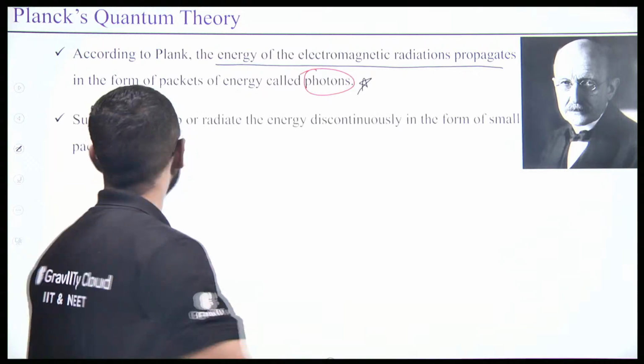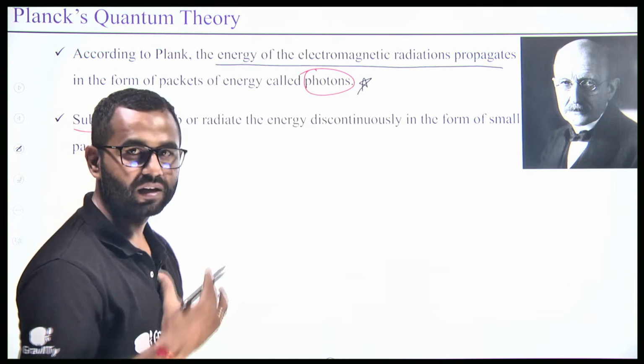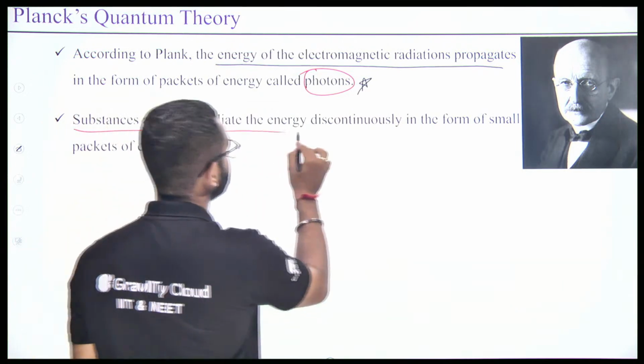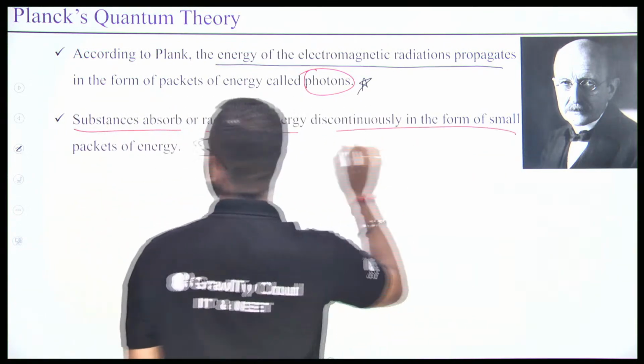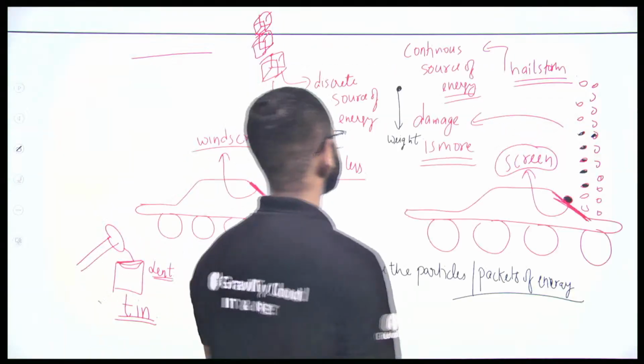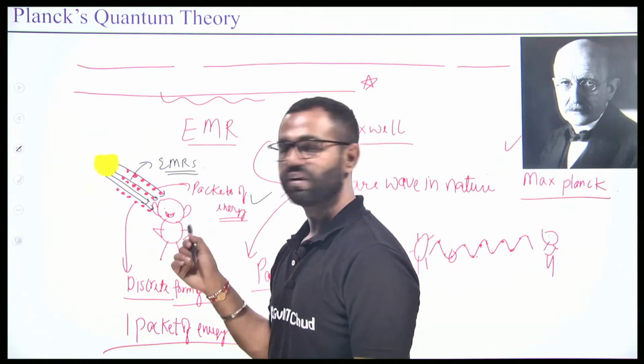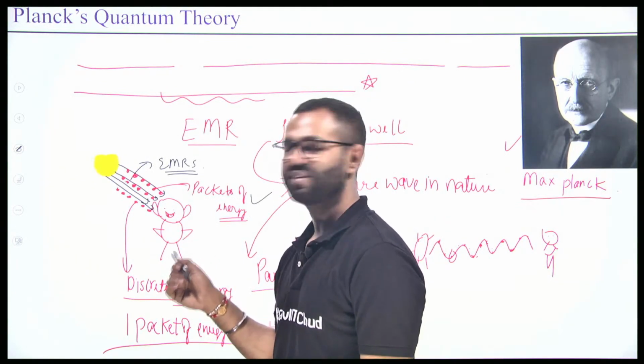Understood? One thing. Now, substances, what happens? Substances absorb heat or radiate energy discontinuously in the form of small packets of energy. Right? Just like here, suppose this is some person XYZ.